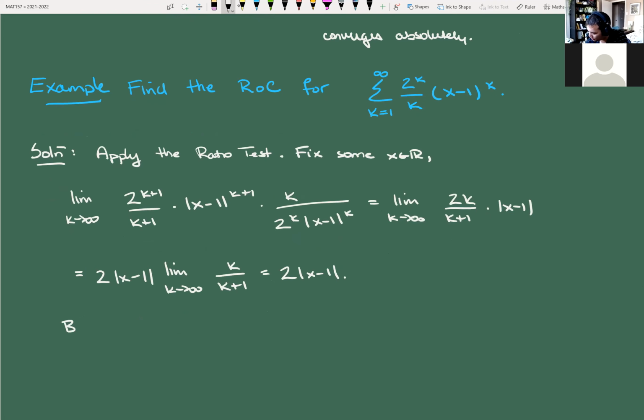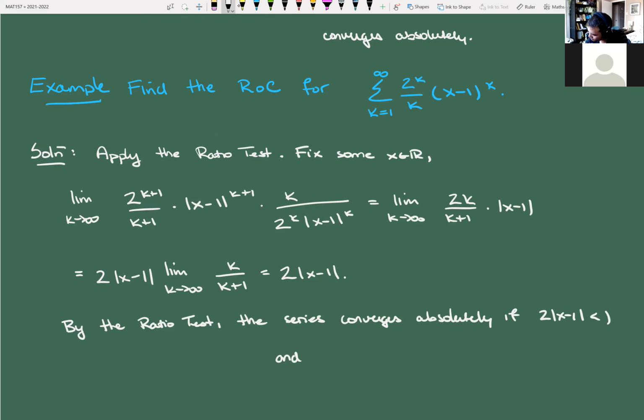So by the ratio test, the series converges absolutely if 2 times |x minus 1| is less than 1, and diverges if 2 times |x minus 1| is bigger than 1.